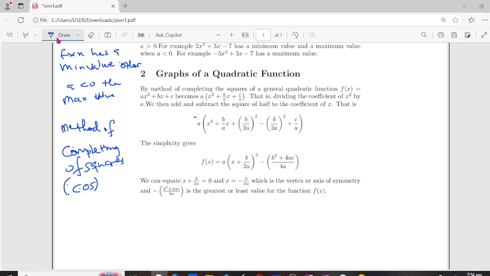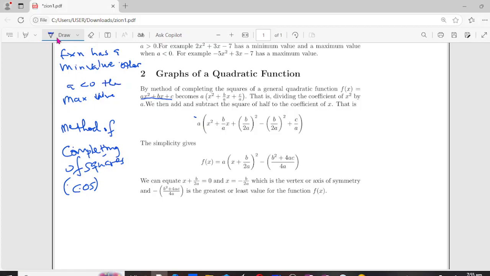So what the method tells us is that we've been given our quadratic function, we should make sure the coefficient of x squared is unity. By unity, I mean the coefficient of x squared is 1. And the only way we can make the coefficient of x squared to be 1 is to divide the whole equation by a.